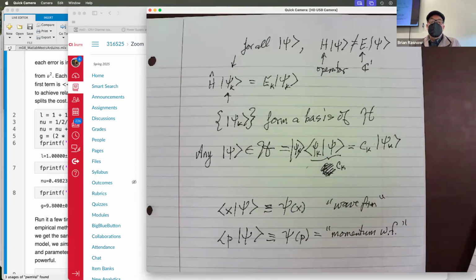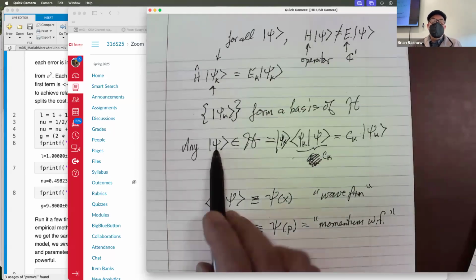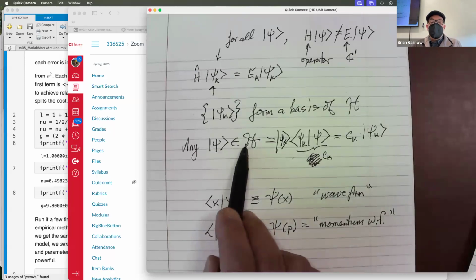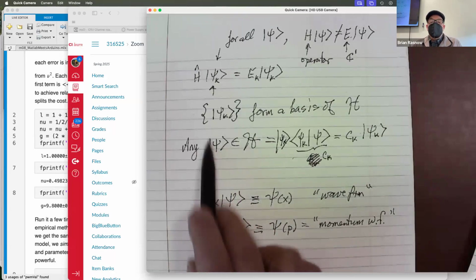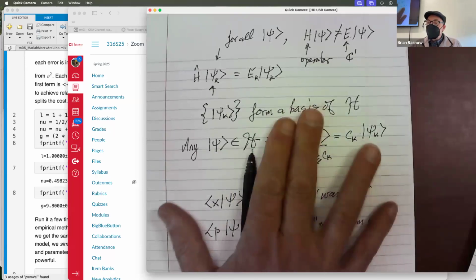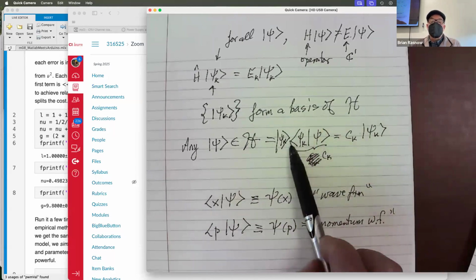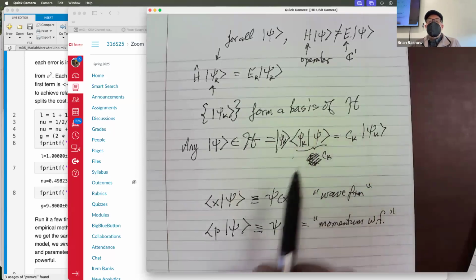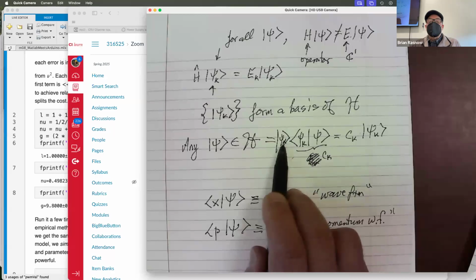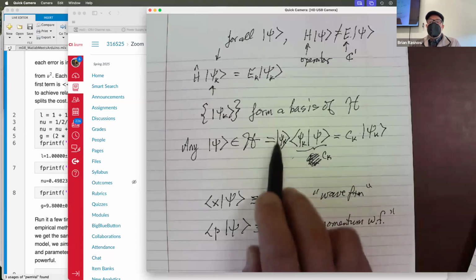So that is sort of said here that for any member of a Hilbert space, we can write that member of a Hilbert space equal to itself, but stick next to it the identity operator, which I didn't quite have room to squeeze in. And so when we stick in the identity operator, remember summation convention, this is a sum.